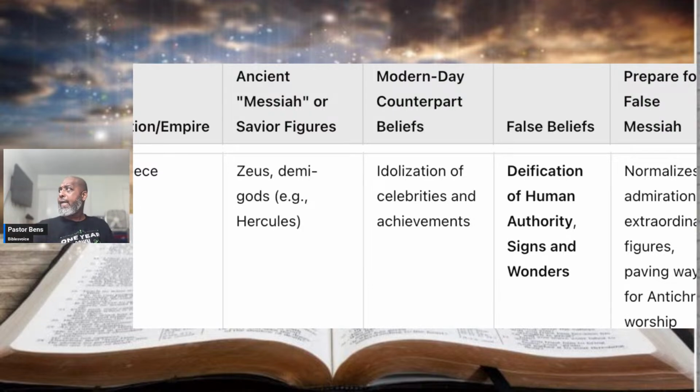And I want to show you how they actually did this. And this, guys, is where the deception comes in. I'm going to show you how people are deceived because they believe in a human that has been deified based on the works that they do, based on their actions, based on these great things.